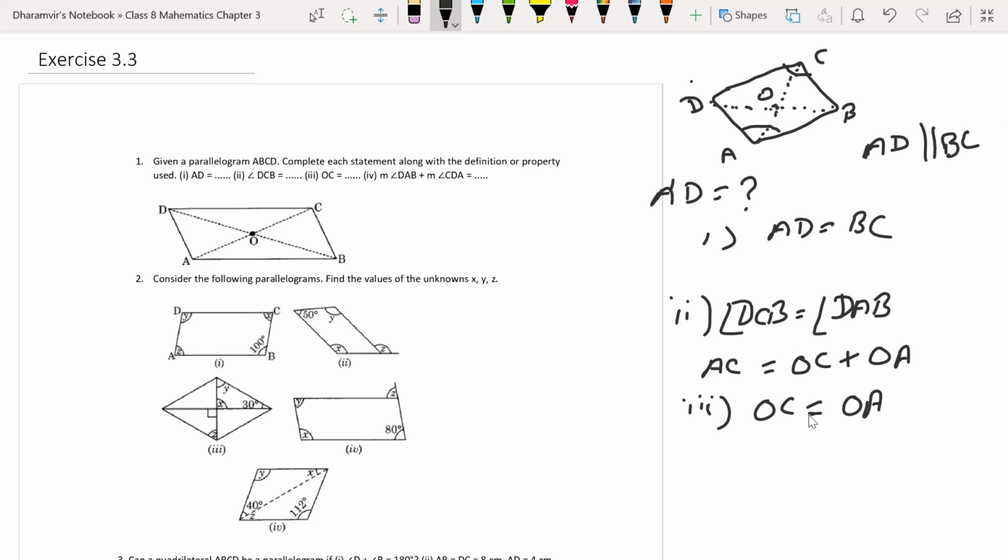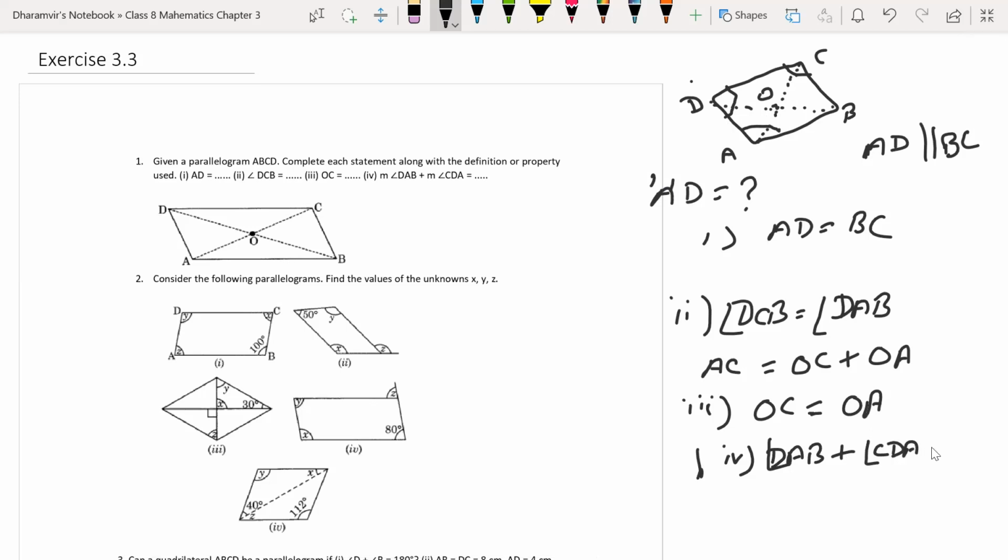Next, the fourth part: angle DAB plus angle CDA.